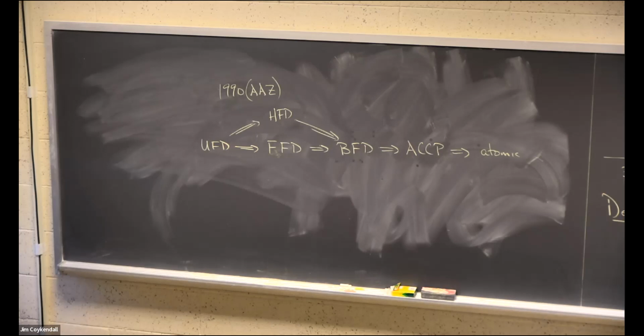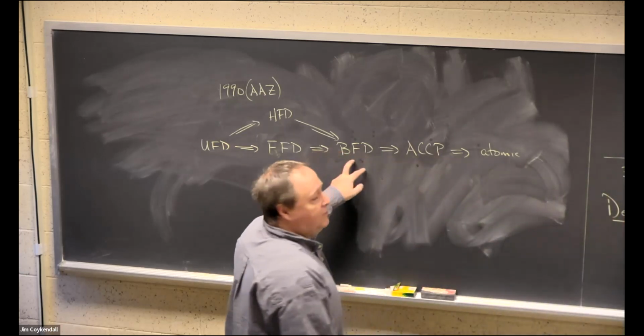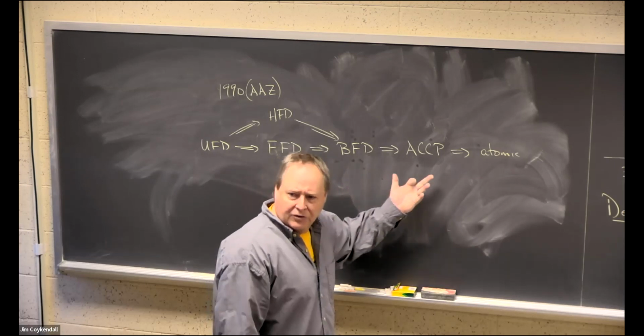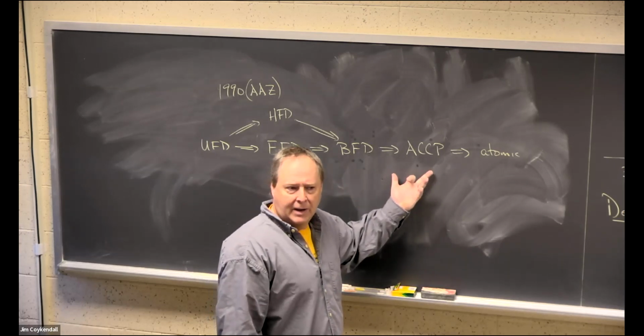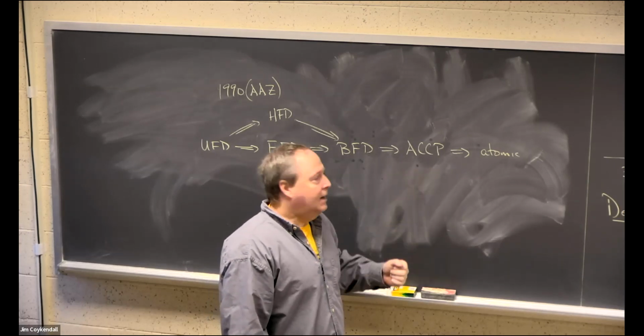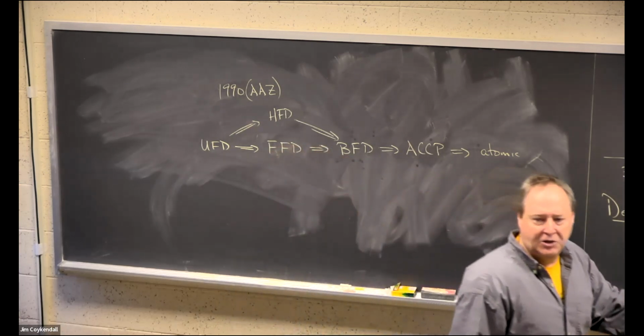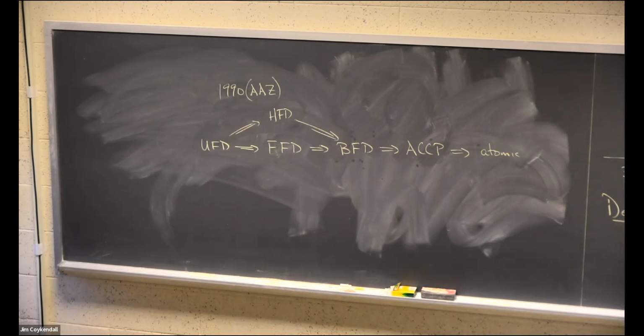The fact that if you've got finitely many factorizations then you've got a bound on the lengths is clear. What's probably a little bit less clear is bounded gives you ACCP, and neither of these proofs are terribly difficult, but there's something to show. It doesn't immediately fall from the definition like some of the other connections. So proving that all these arrows work is not too bad.